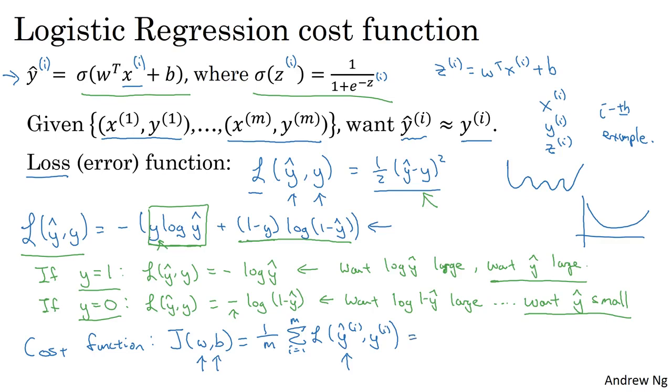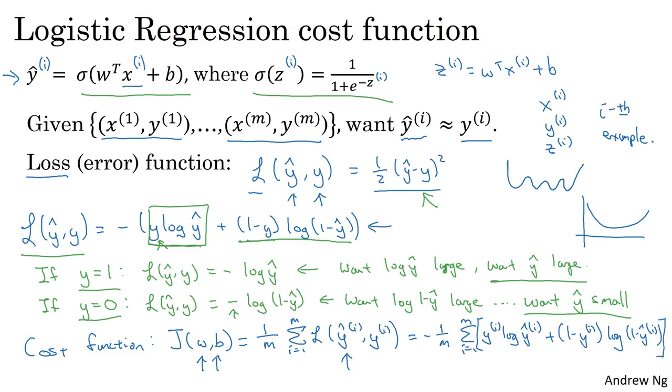And so just to expand this out, this is equal to negative 1 over m sum from i equals 1 through m of the definition of the loss function above. So this is y^i log y hat^i plus 1 minus y^i log 1 minus y hat^i. I guess I can put square brackets here.